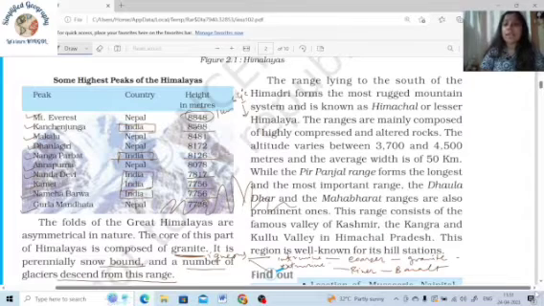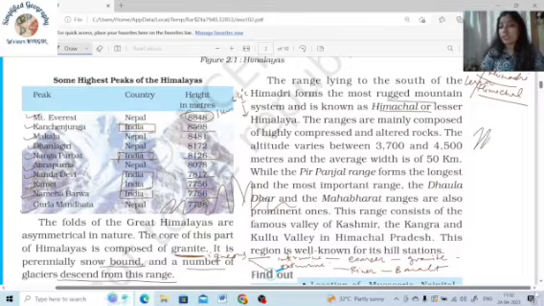Okay, so the range lying to the south of the Himadri forms the most rugged mountain known as Himachal. So after Himadri, what do we have? We have Himachal: Lesser Himalayas, Greater Himadri or Greater Himalaya, and Himachal or Lesser Himalaya. The ranges are mainly composed of highly compressed and altered rocks.